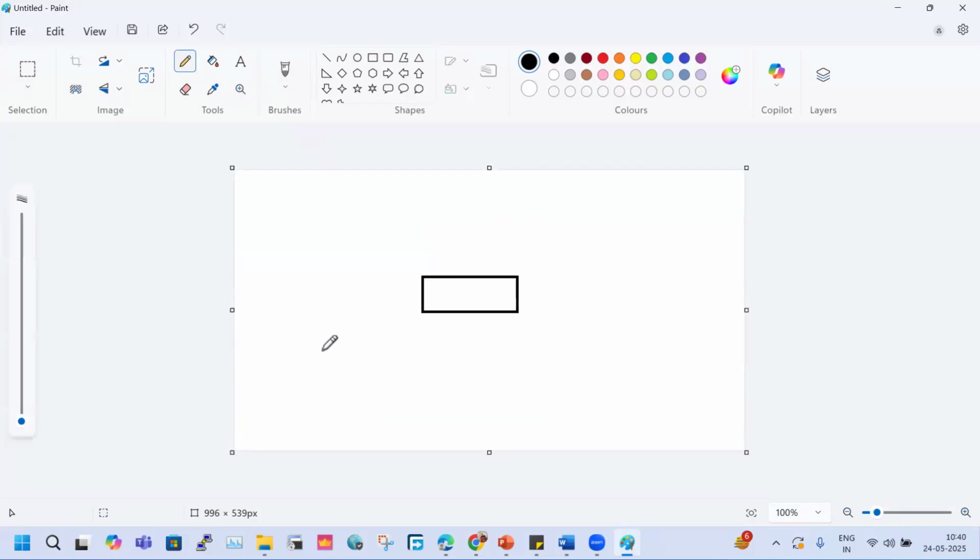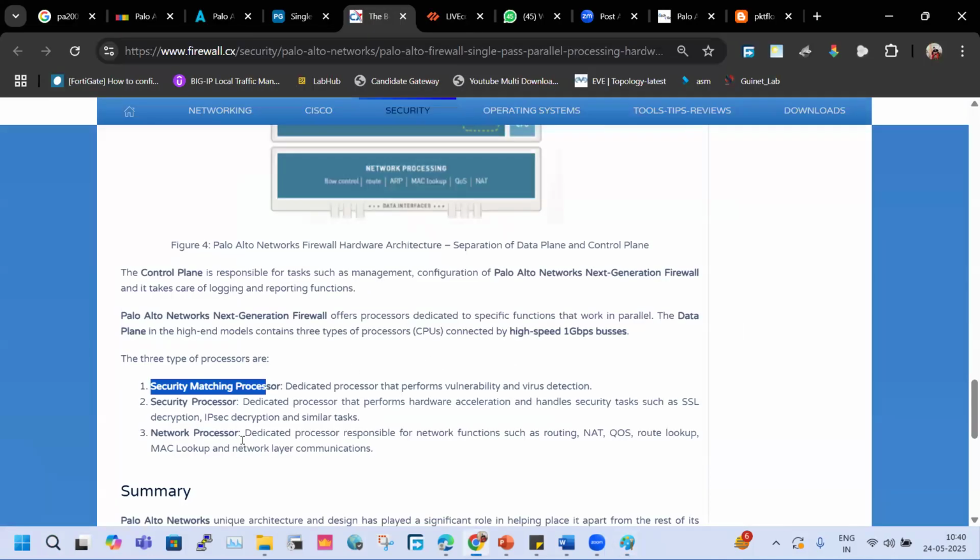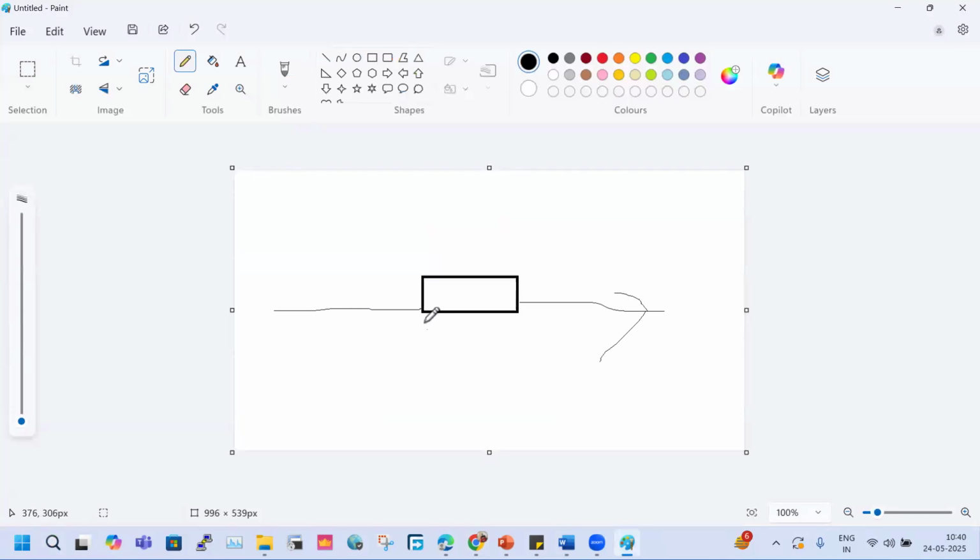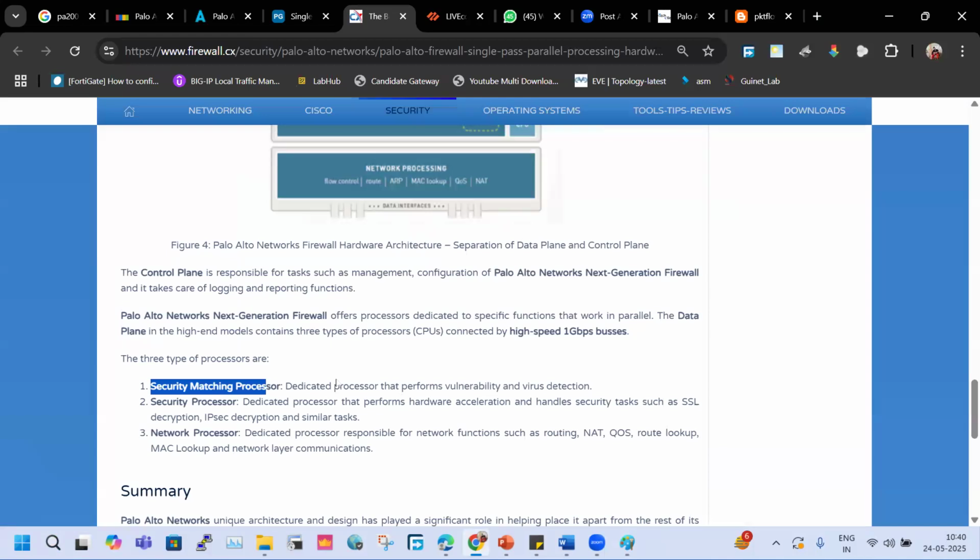Suppose this is my firewall, and it is receiving one traffic and forwarding one traffic. My data plane processor is divided into three parts: a security matching processor, a security processor, and a network processor.